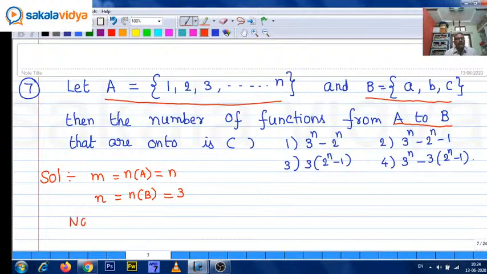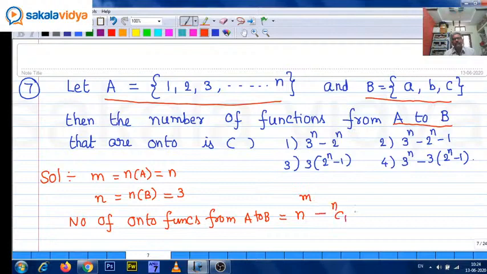Now the number of onto functions from A to B. What is the formula? n to the power of m minus nC1 (n minus 1) raised to m, plus nC2 (n minus 2) whole to the power of m, minus and so on, because after that you will be getting n minus 3.